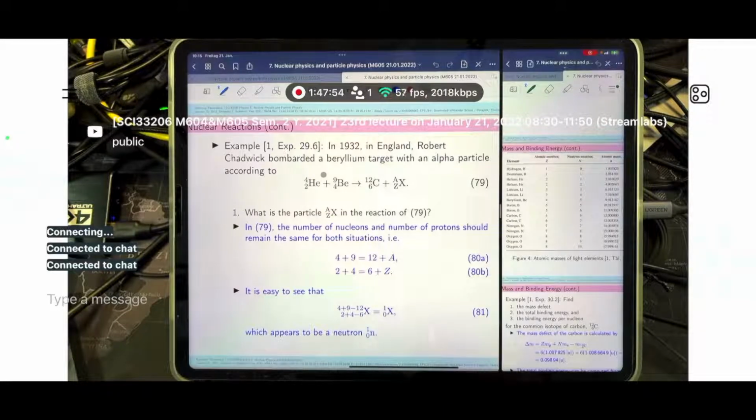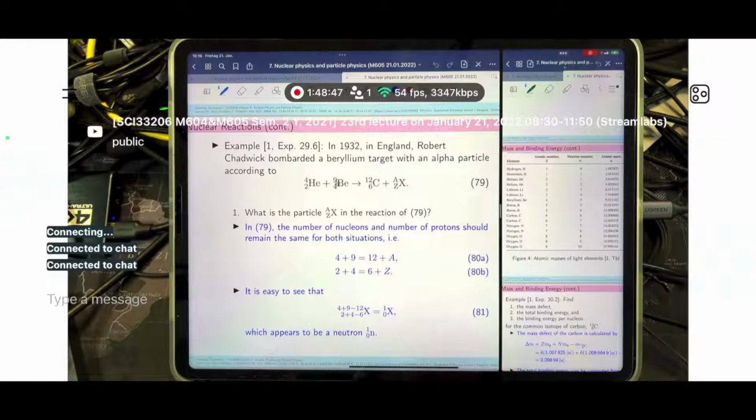You know, helium-4. The alpha particle is the nucleus of helium-4. Chadwick accelerated the alpha particle, because it has a positive charge, using a magnetic field to increase its velocity, and this high-speed alpha particle crashes into the nucleus of beryllium-9, which is an isotope of beryllium. We also have beryllium-8, right?